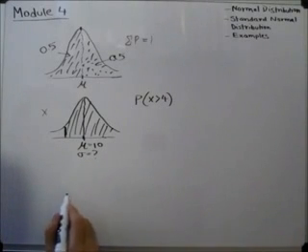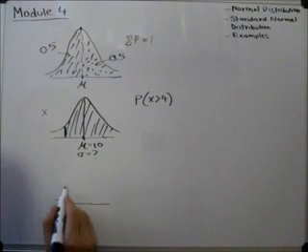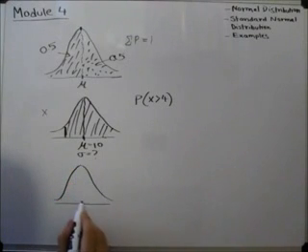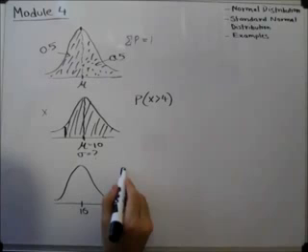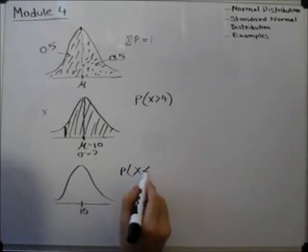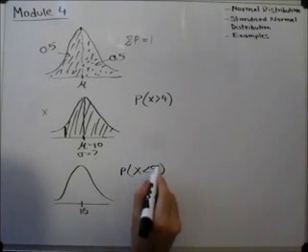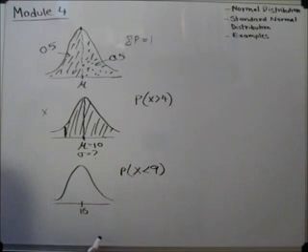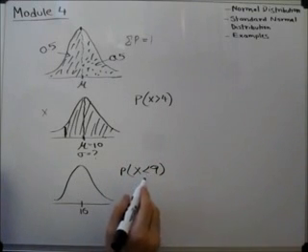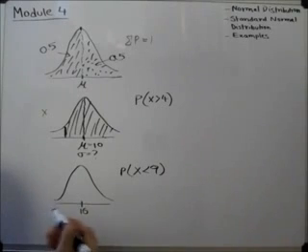Let's do another one. Let's do probability of x less than 9. Well, 9 again is going to be towards the left of 10, so it's going to be somewhere here.